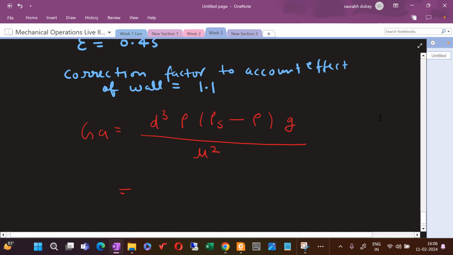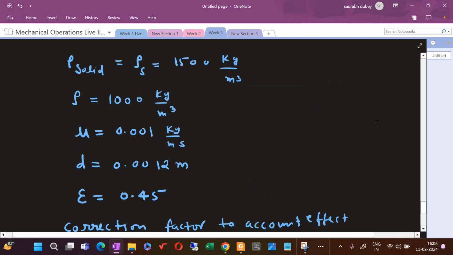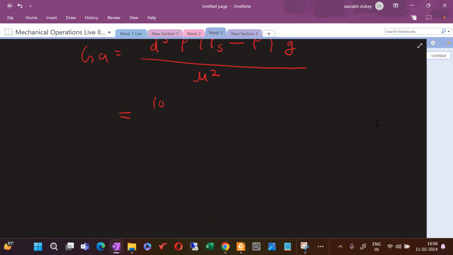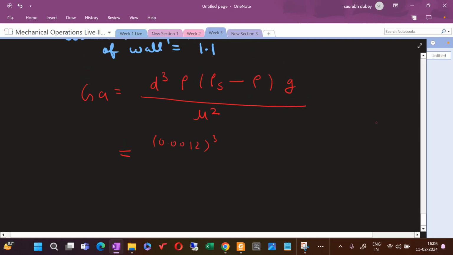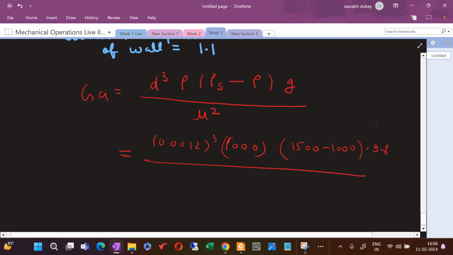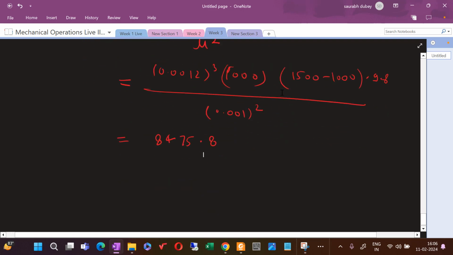When you put all the values over here, the diameter was how much? 0.0012 whole cube, density 1000, 1500 minus 1000, 9.8, divided by mu square, which is 0.001 square, you get 8475.8 as the Galileo number.